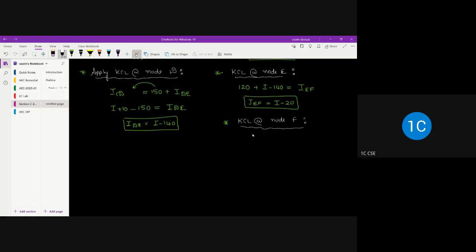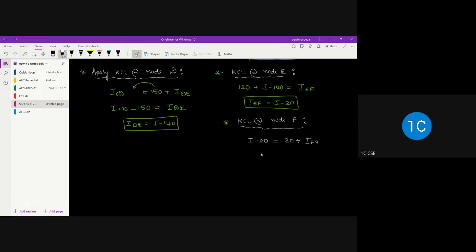Is there any incoming current at node F? I minus 20, sir. Okay, you're saying it is incoming. Yes, sir. And are there any outgoing currents? 80, sir. Okay, is equal to outgoing, right? 80, and then plus IFE, IFA, right? Yes, sir.